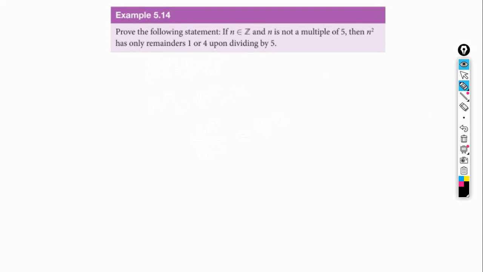Okay, so here we are in example 5.14, which will be the last one on this video. And it says, prove the following statement. If n is an integer and n is not a multiple of 5, then n squared has only remainders 1 or 4 upon dividing by 5.